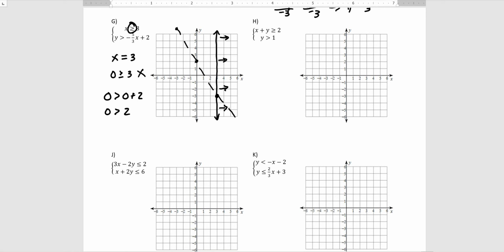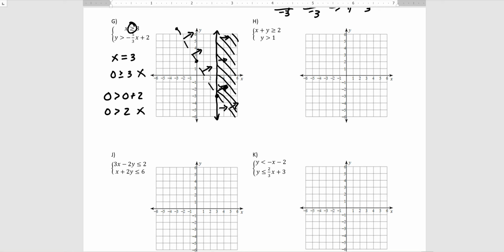Is 0 greater than 2? No, it is not. That is not true. So I'll shade away from 0, 0. That'll take me this way. So I'm looking for the overlap of these lines. What I see is this overlap right here. Gorgeous.